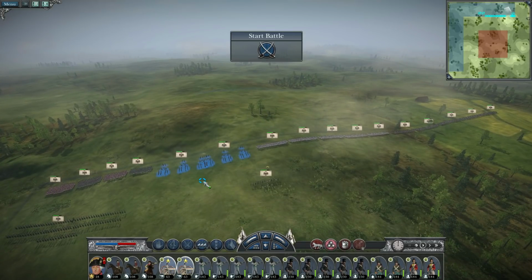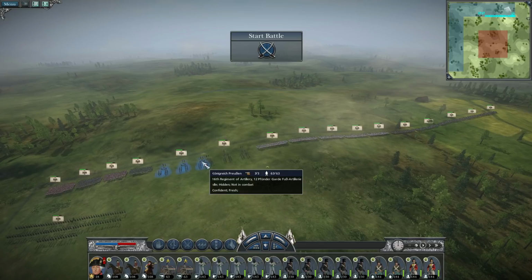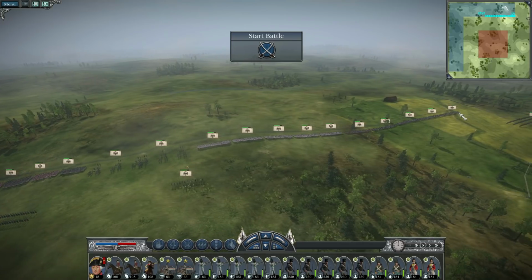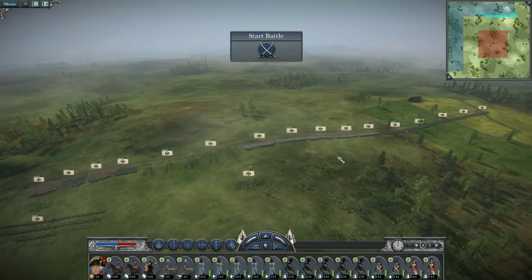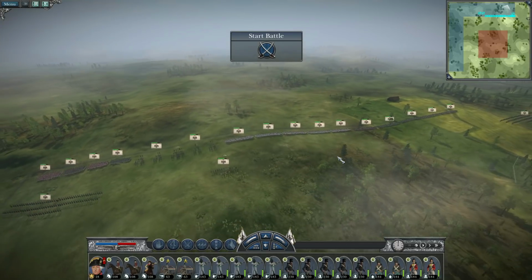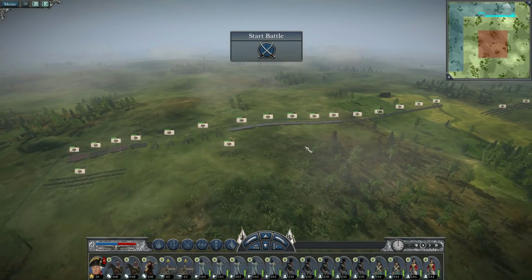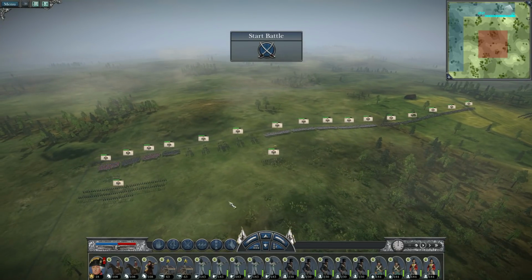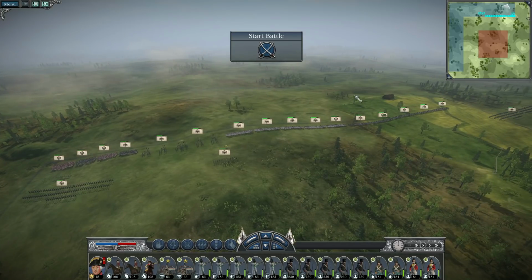Now when I think about it, there was that plan of having 3 units of 12 pounders where I would space them out, so we would have one on the flank here, one in the middle, and one out there, which I totally forgot about because of the crash and stuff. But there could be a possibility of me recruiting some extra cannon if I have time to get them up to the front.